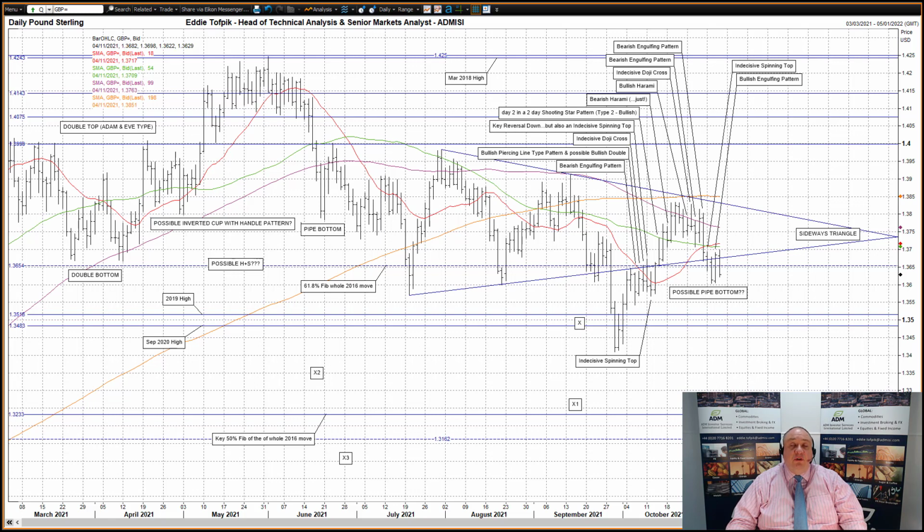Finally, I've droned on interminably about the longer term whole of the 2021 double top pattern, Adam and Eve type. I thought it was becoming more obscure as time moved on, and prices didn't. However, the late September to early October move down had revitalized the idea enough that I'd placed some potential targets for this pattern.